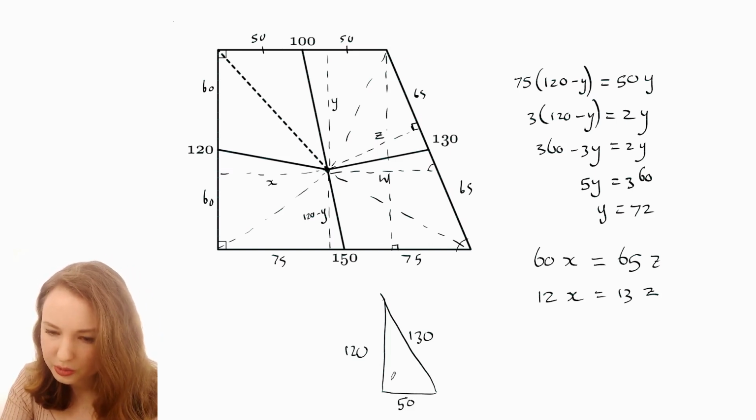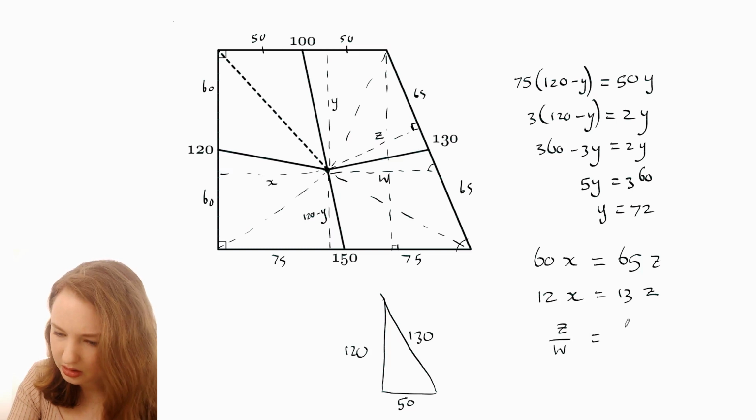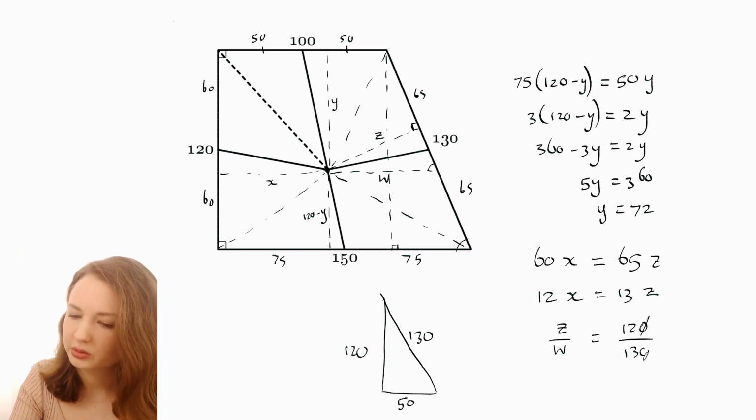So we know that that triangle has those same ratios, so we could say something like Z on W is, that's corresponding to that side, it's 120 on, and that's the hypotenuse, so that's that one. And we can cancel that.